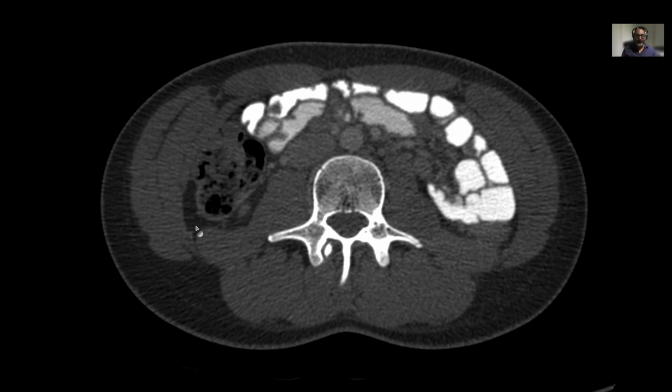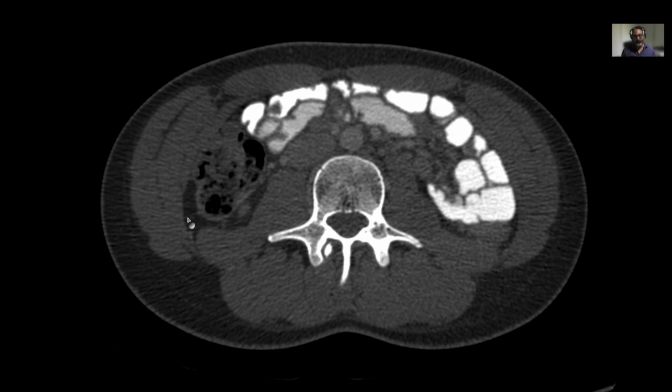And then there's another layer which is not visible on CT, but it exists. And that is the transversalis fascia. Once you cross the transversalis fascia, let's say you're a surgeon, you're still not in the peritoneal cavity, because then there's the next layer, which is the parietal peritoneum.